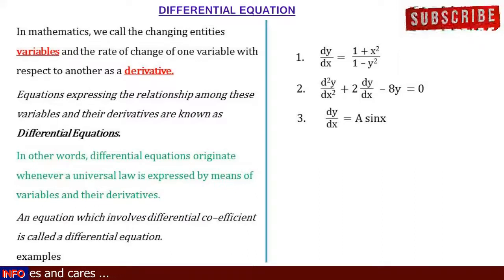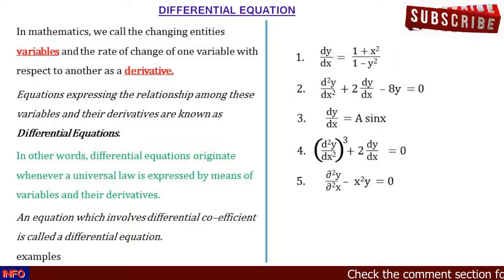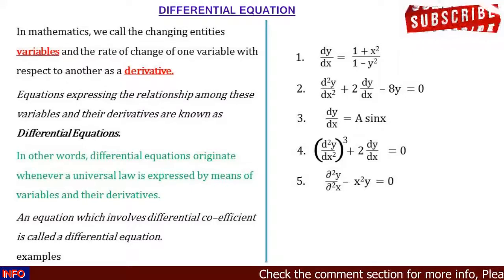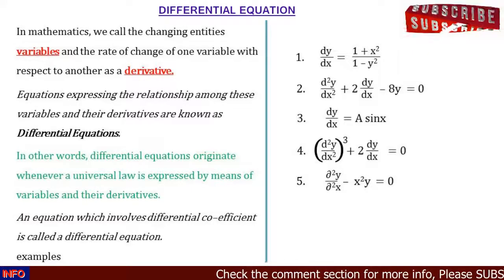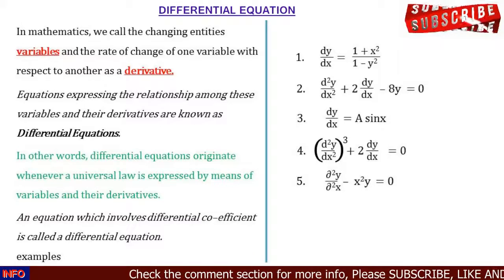We have another one, (d squared y over dx squared) in brackets cubed plus 2 dy/dx equals 0. Another one, we have the second partial derivatives minus x squared y equals 0. This is also an example of a differential equation.